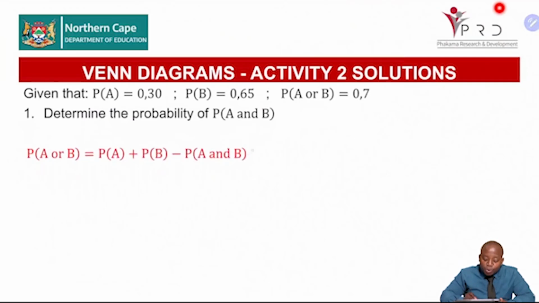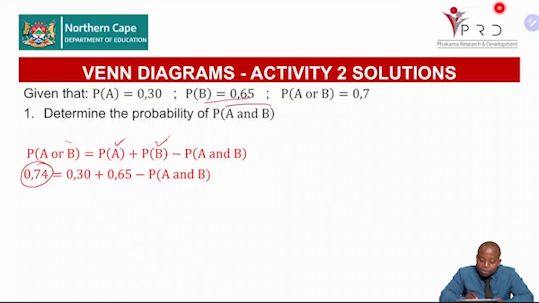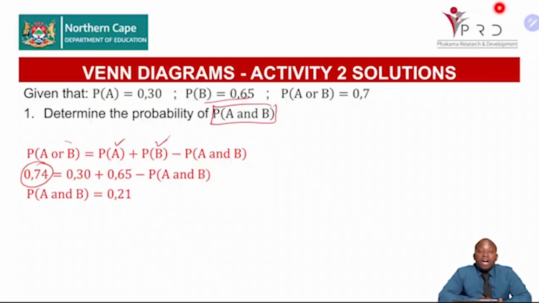Probability of A or B is 0.74, which equals the probability of A, 0.30, plus the probability of B, 0.65, minus the probability of A and B, because this is what I'm looking for. Then the probability of A and B is going to be 0.21.